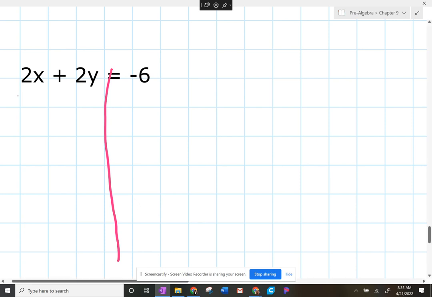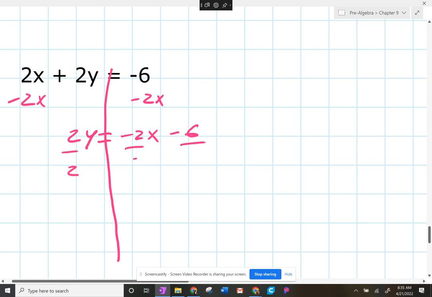Anybody got an idea of what I should do first? So, not 2y, 2x, yep. Okay, so minus 2x to both sides. I get 2y equals negative 2x minus 6. Now I need to get y all by itself, so I'll divide by 2 on both sides.